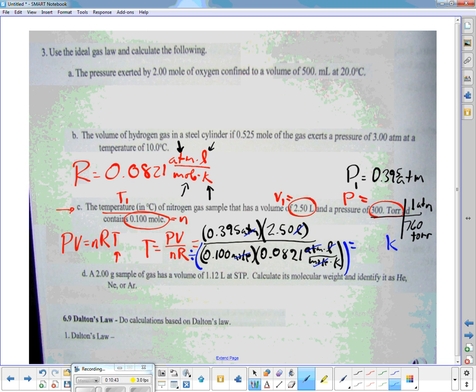120. Okay, now to get back to Celsius, I need to subtract 273.15. So my degrees Celsius is going to be a negative number, right? And the 120 is where my significant figure is. So what have I got for an answer down here?